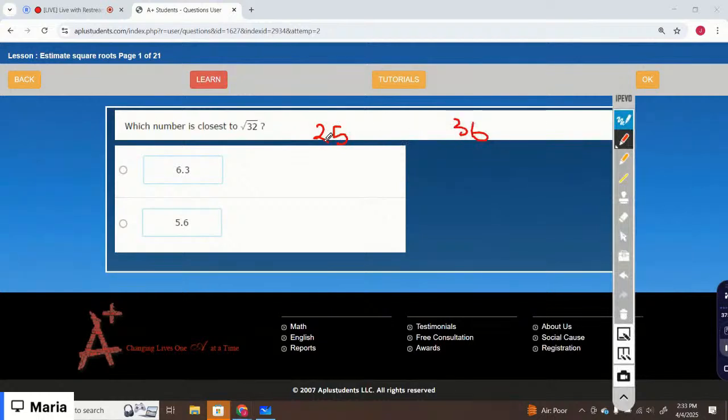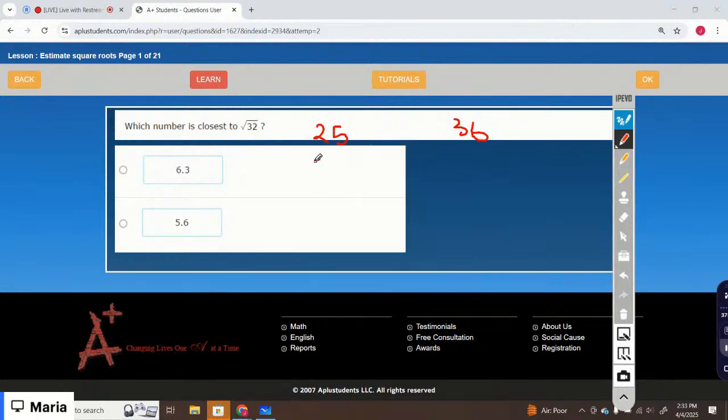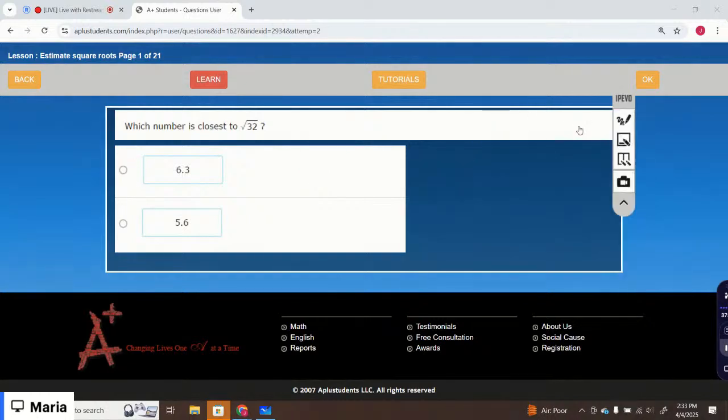These are the two perfect squares before and after 32. So that is between 5 and 6. Option number 2 is the correct option.